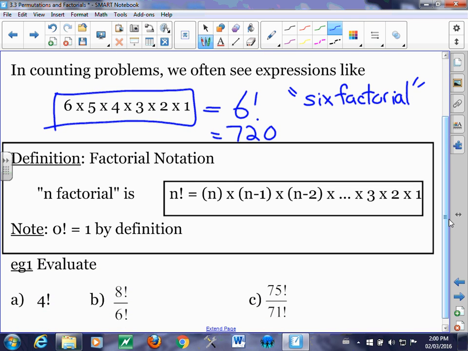All right. So the definition of factorial notation is a formula, and this will be given on your formula sheet, folks. You don't have to write it out. But you start with n, and then subtract 1.